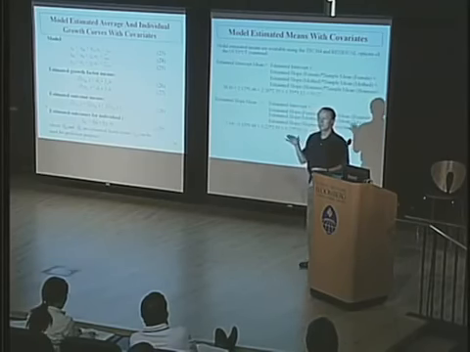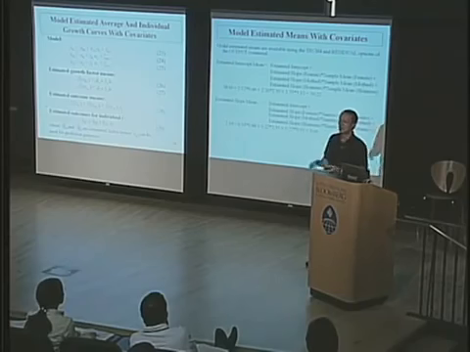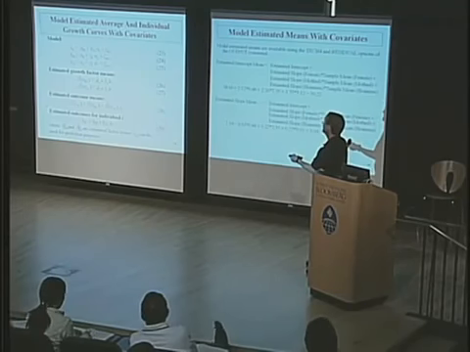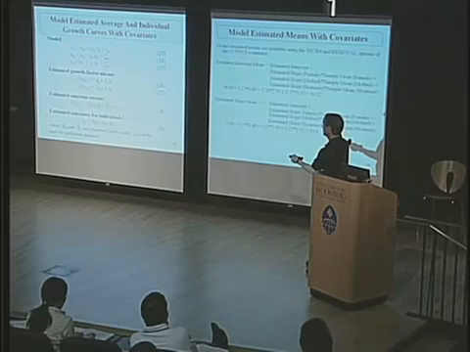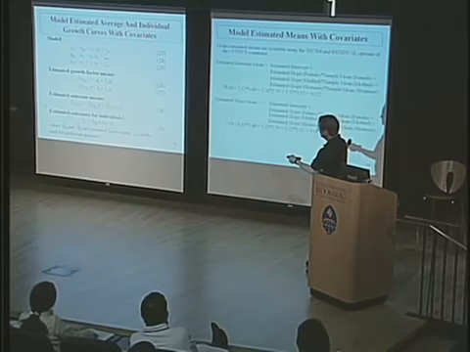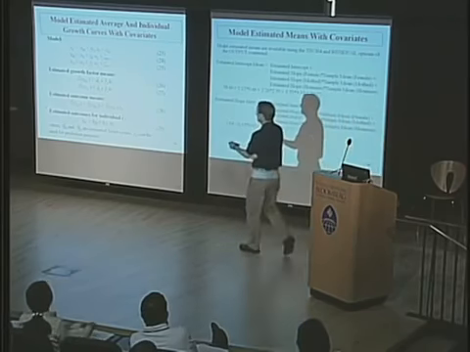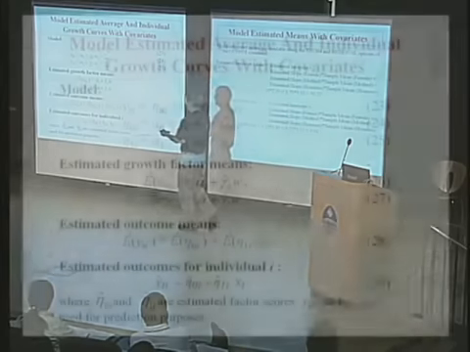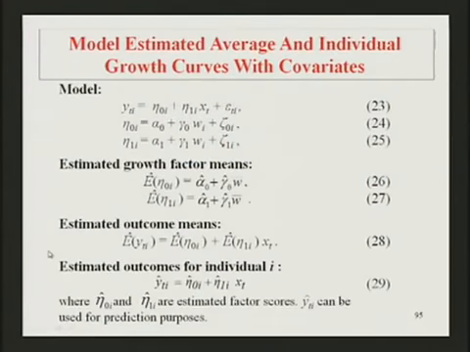Some of you probably prefer to just remember these catchy one-liners, right? Oh, not so catchy. Anyway, estimated outcomes for individual i. You also want to have the predicted value, perhaps, for individual i at a certain time point. Instead of the wobbly observed curve, you want the smooth function. So that's y hat, with a little hat over it, for person i at time point t, using the intercept estimated and the slope estimated times the time score.